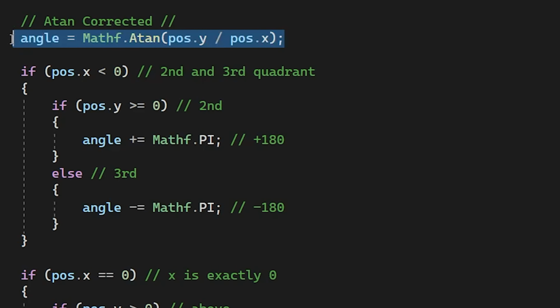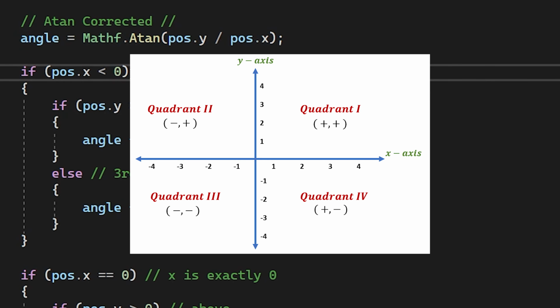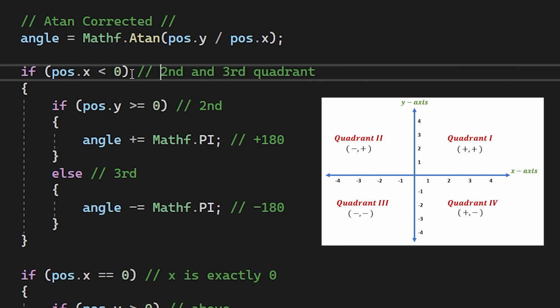So we start by setting the angle to the normal atan function, and then we're going to check if it's in the second and third quadrant, aka the mouse position's x position is less than 0.